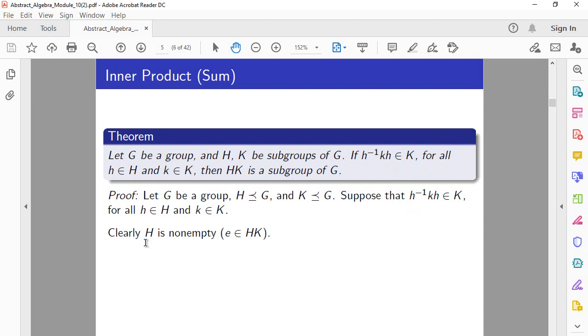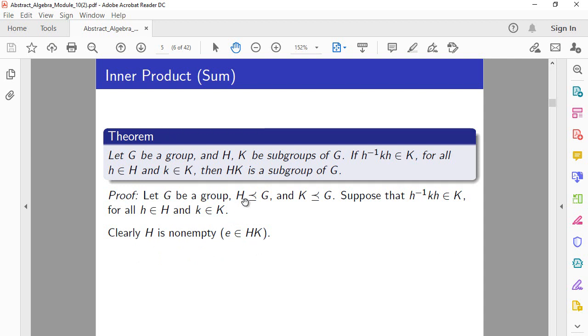Clearly, okay, I have a typo here. I should be saying HK. So clearly the inner product HK is non-empty because the identity belongs to HK. Why?